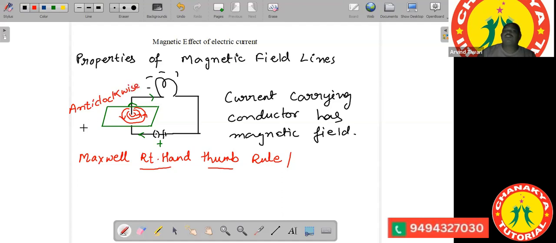Now the questions in this chapter are going to be a lot based on the directions. We'll see some of the questions which come out of this Maxwell right hand rule. So everyone has understood this, you can find out the direction.